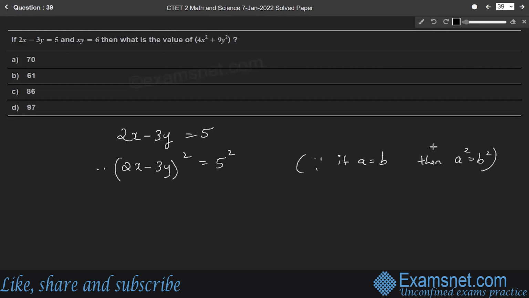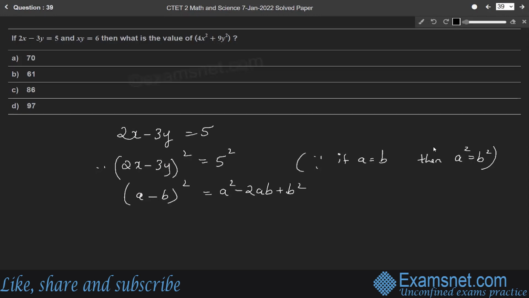Right? So 2x minus 3y whole square, we know the formula of a minus b whole square is equal to a square minus 2ab plus b square. Apply the same formula here also.